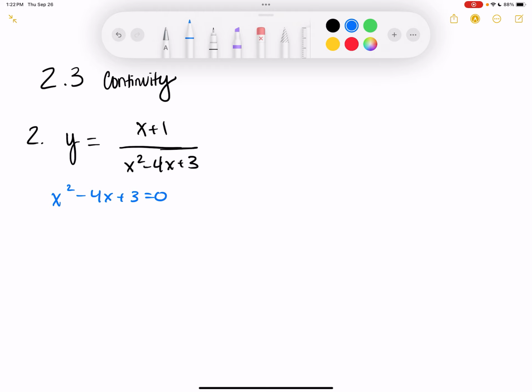Okay, so we have x minus 1 and x minus 3. So, x equals 1 or 3. I don't know how I just wrote x equals 0 instead of x equals 3.